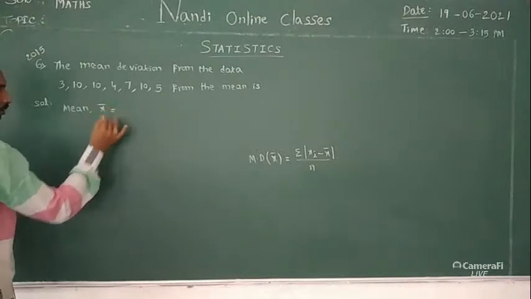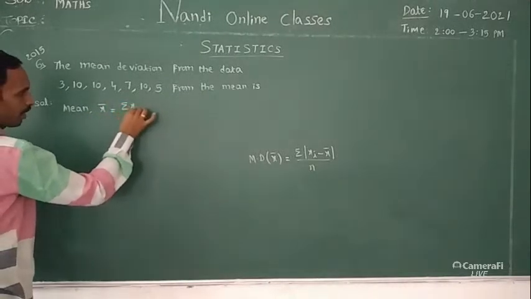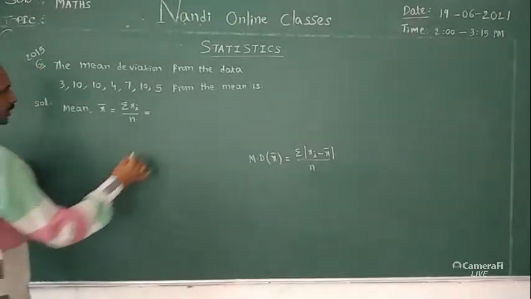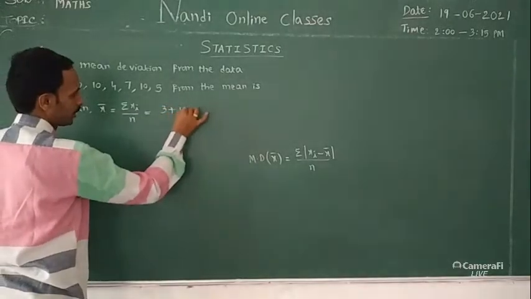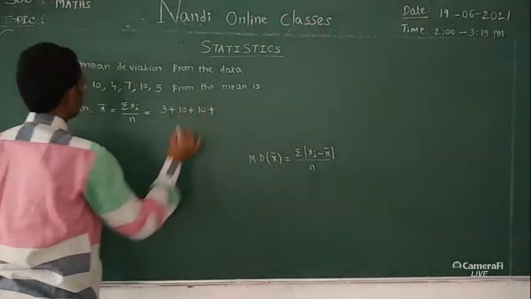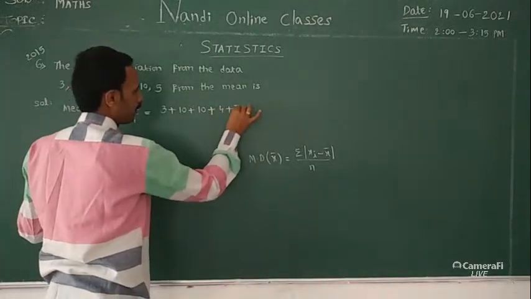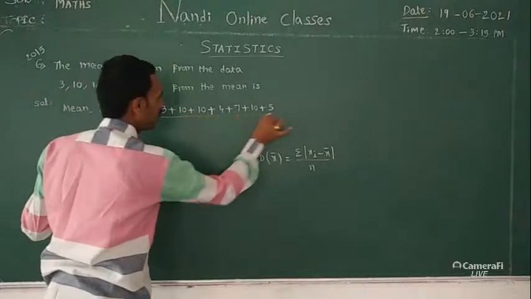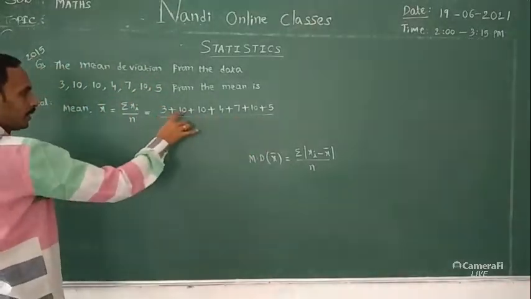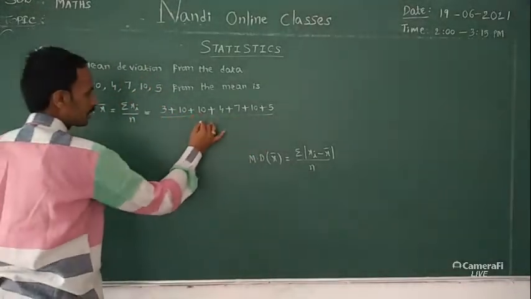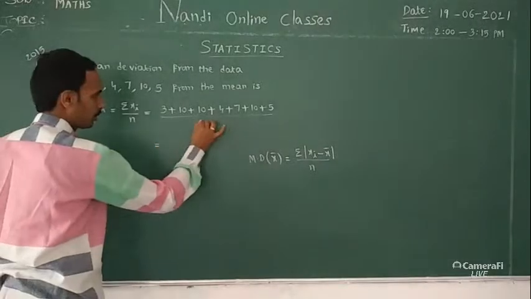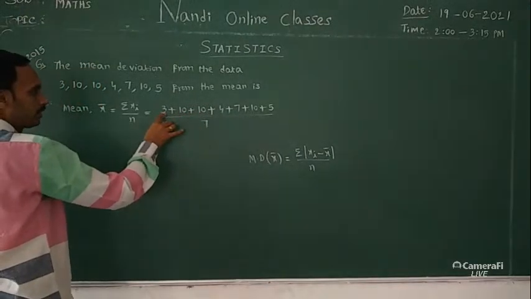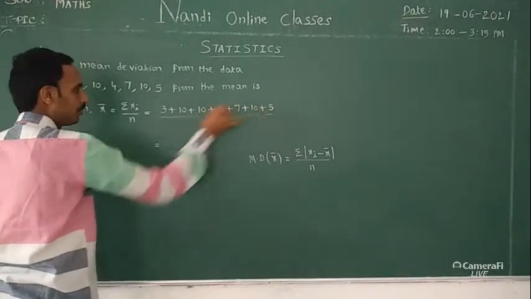Mean, denoted by x bar, formula summation of xi by n, is equal to the sum of the observations, that is 3 plus 10 plus 10 plus 4 plus 7 plus 10 plus 5, divided by the number of observations, which is 7. Adding them: 10 plus 10 is 20, 23, 30, 40, 49.